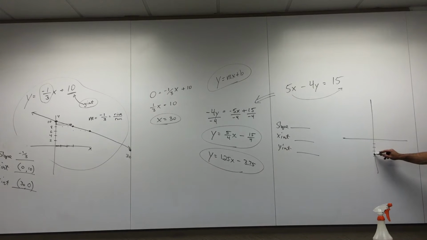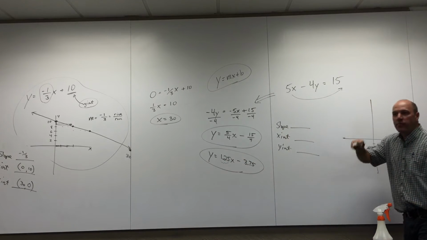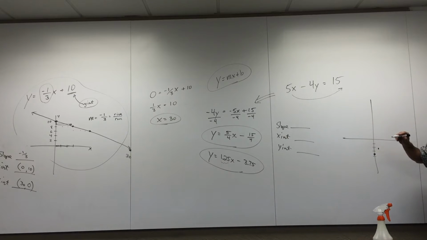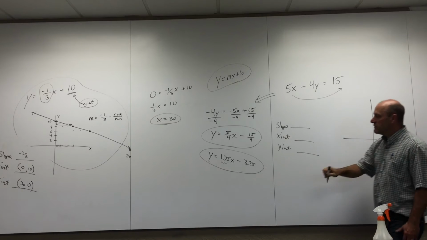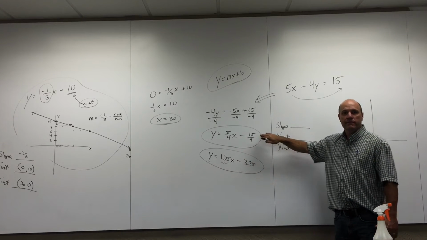That means I go up 1.25 and over 1. My slope is 1.25, so I can go up 1.25 and over 1. Is this bothering you? This sounds like it's bothering you. I tell you what, forget these decimals.